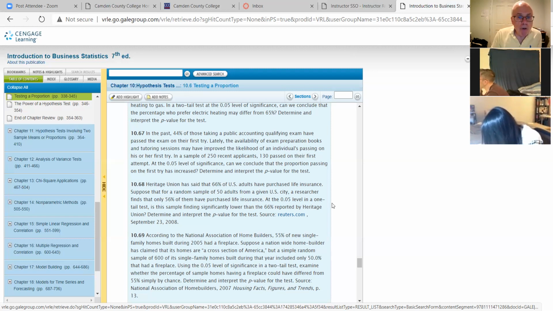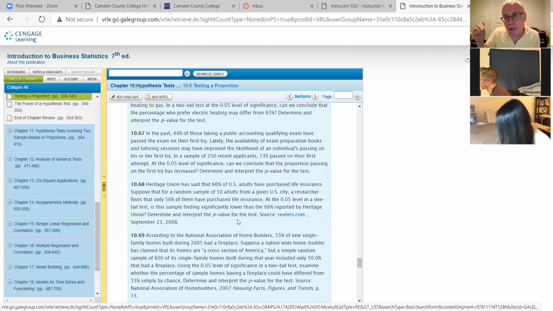At the 0.05 level, which means a 5% significance level, in a one-tail test, they're actually giving you the tail test: is this sample finding significantly lower than the 66% reported by Heritage Union? So you have to decide whether this is a left tail test or a right tail test. Determine and interpret the p-value for the test.